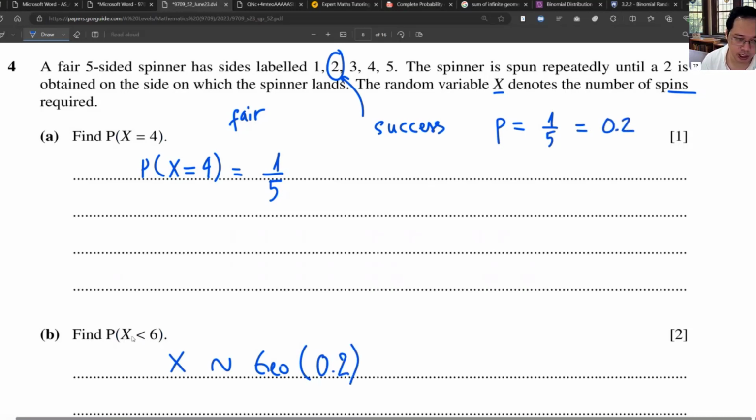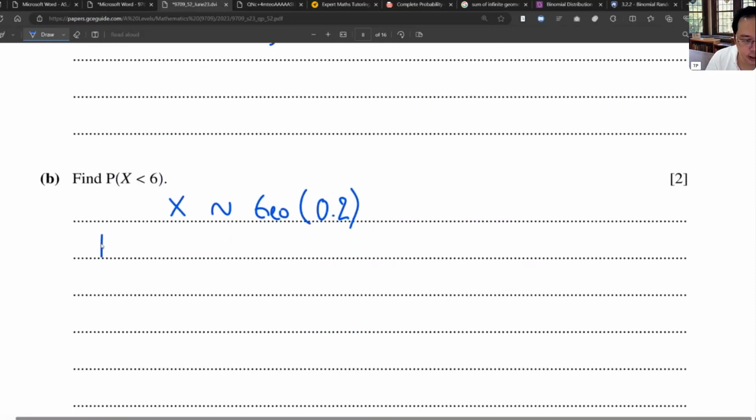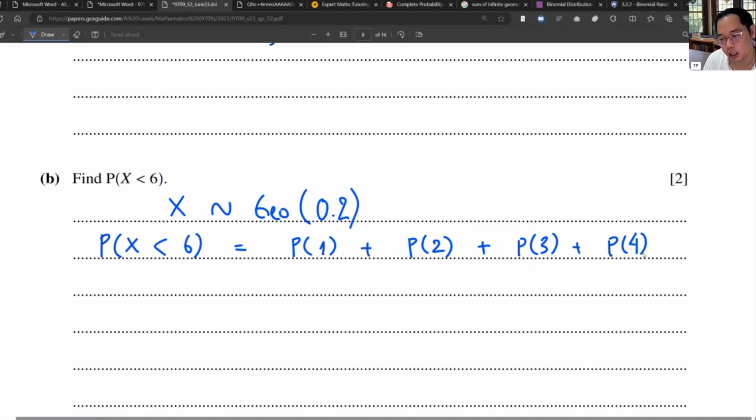To find the probability that X is smaller than 6, we need to calculate the probability of getting the value 2 when X is 1, right at the first spin, plus the probability of getting the value 2 at the second spin. This is a geometric distribution, and so on. We add P3, P4, and finally P5, because if X is smaller than 6, the value 6 is not involved in the calculation.